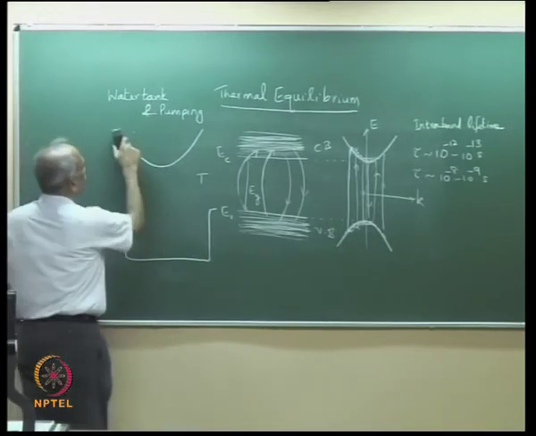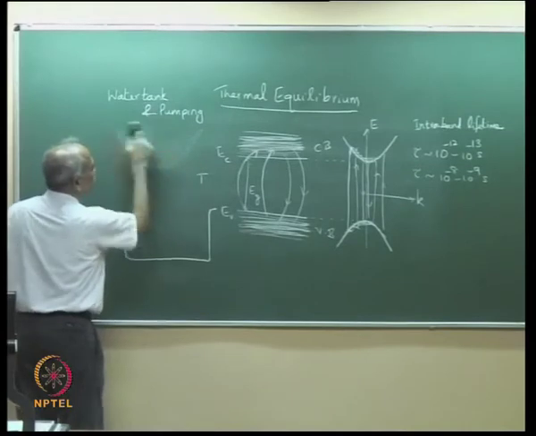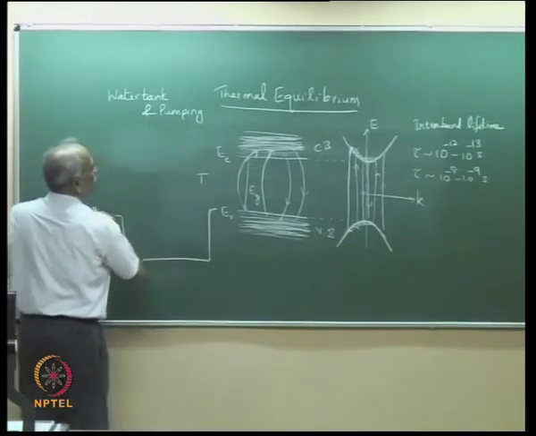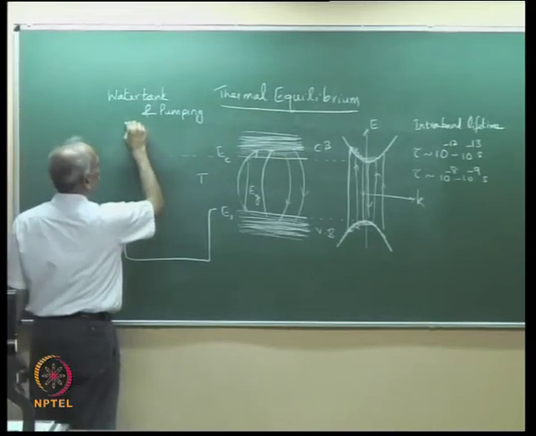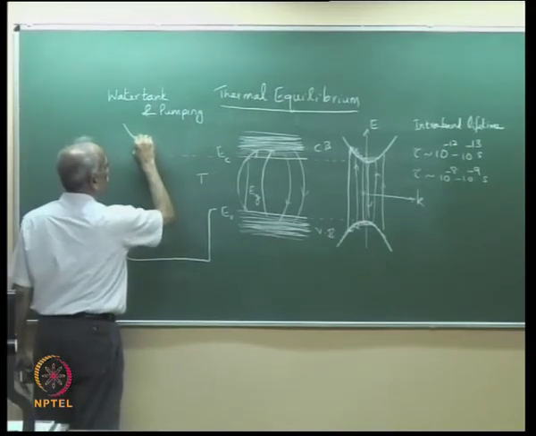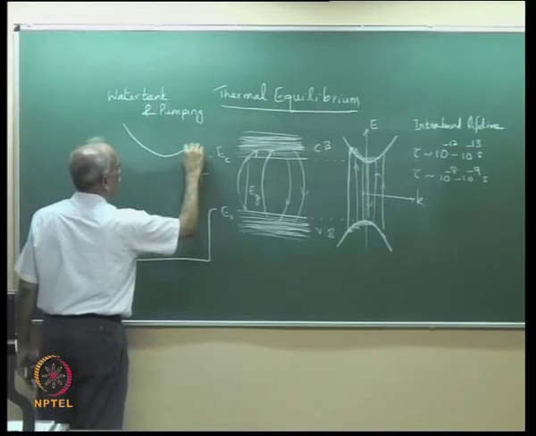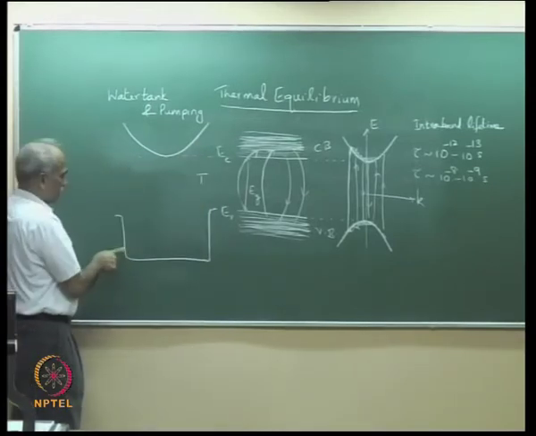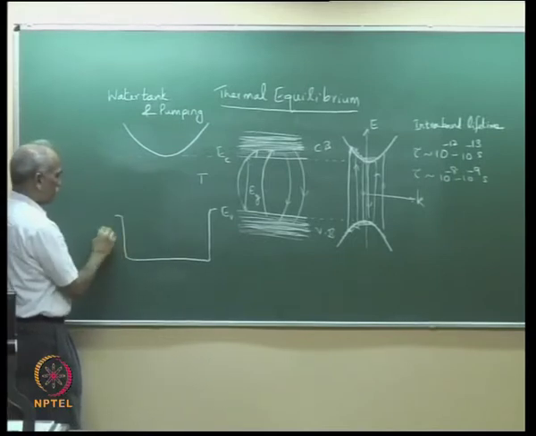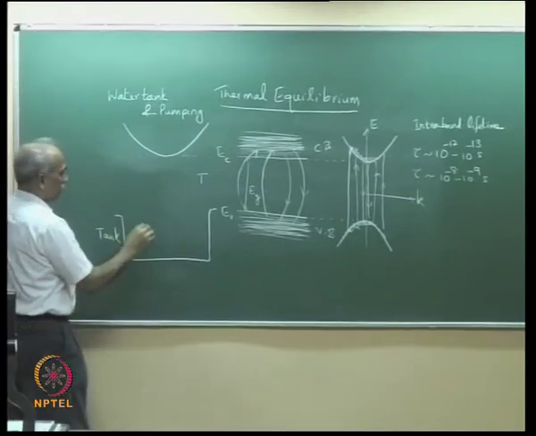Let me draw it at the same level as EC. This is not a band diagram, this is a container. So there are two containers, two tanks. This is a tank where there is water.